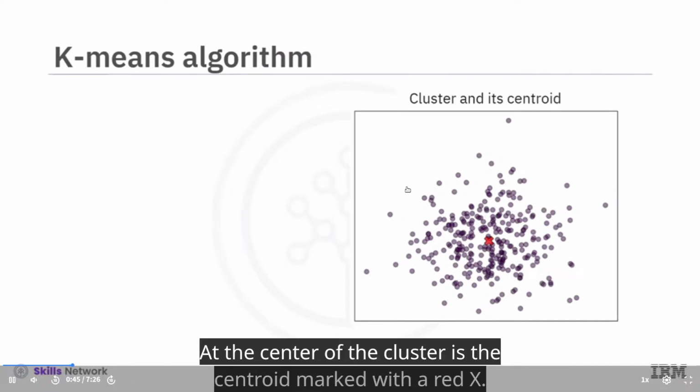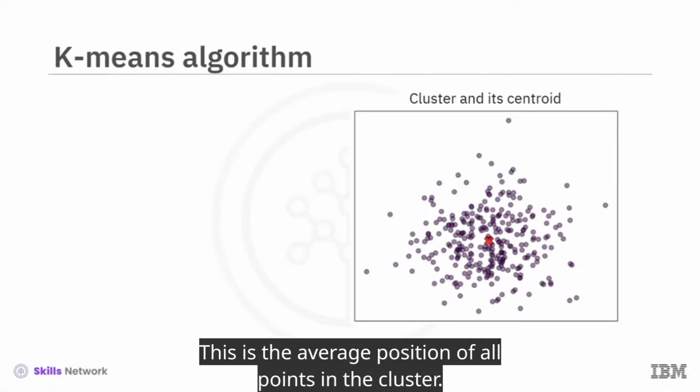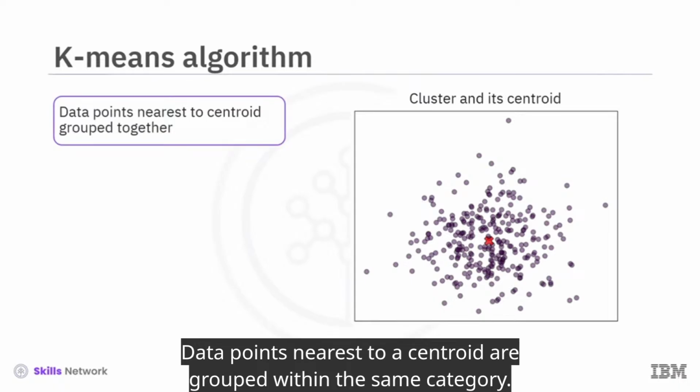At the center of the cluster is the centroid marked with a red X. This is the average position of all points in the cluster.